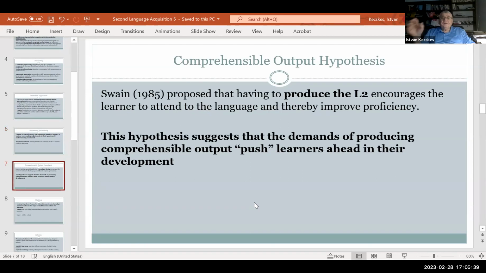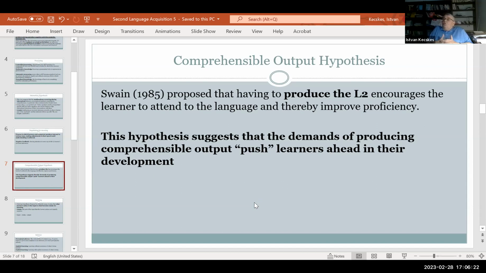There was the comprehensible output hypothesis by Merrill Swain, who proposed that having to produce L2 encourages the learner to attend to the language and thereby improve proficiency. Of course, that was the reason why Merrill Swain called our attention to this, because we had Krashen's monitor theory that emphasized input, the importance of comprehensible input, and emphasized the fact that learners should be required to produce only when they are ready to produce.